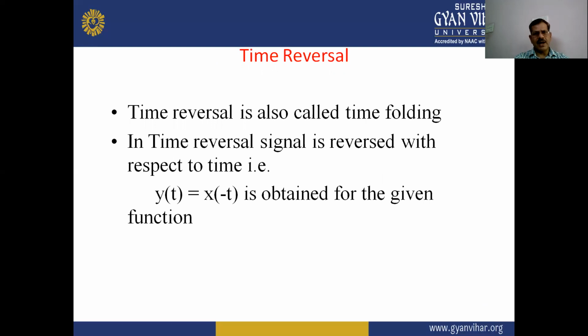Next one is time reversal. Time reversal is also called time folding. In time reversal, the signal is reversed with respect to time, and y(t) equal to x(-t) is obtained for the given function.